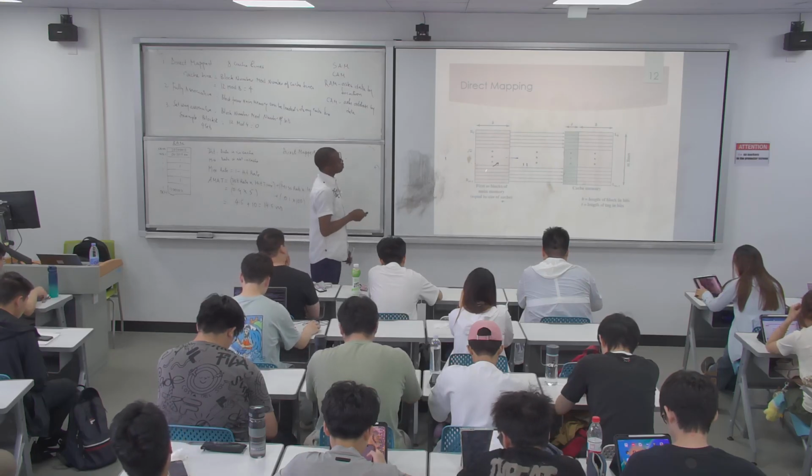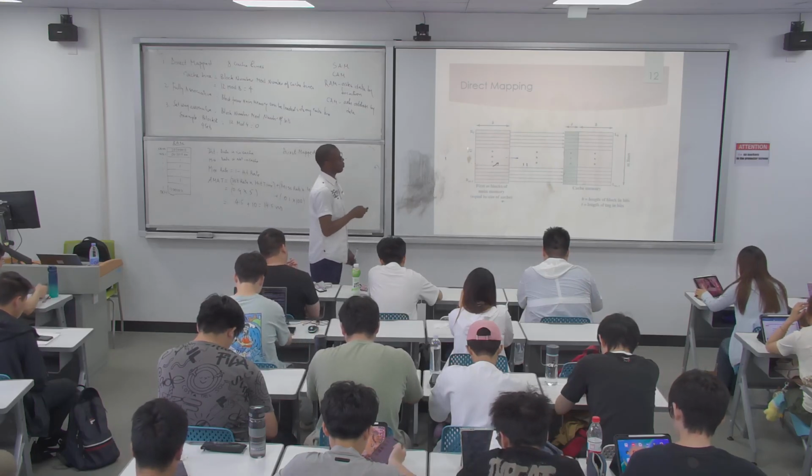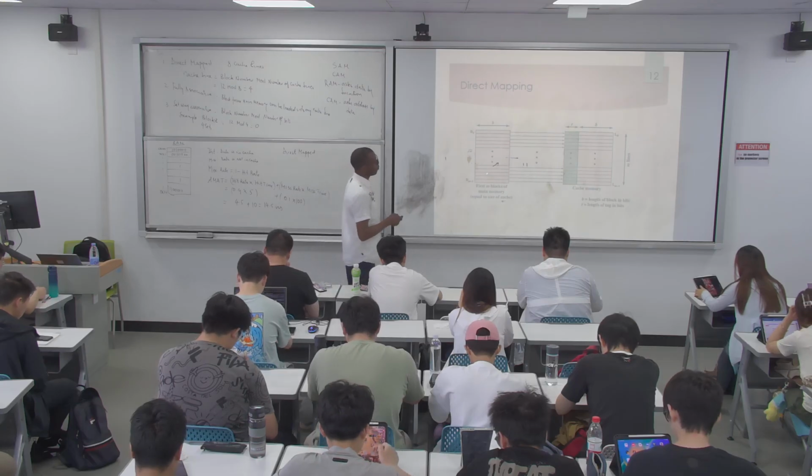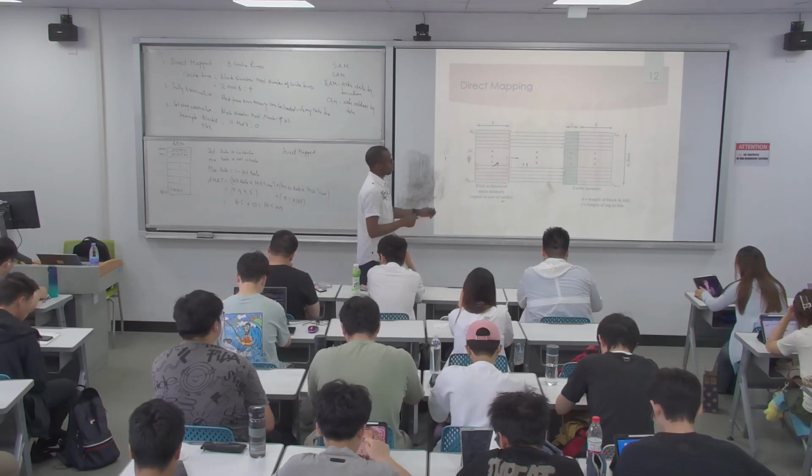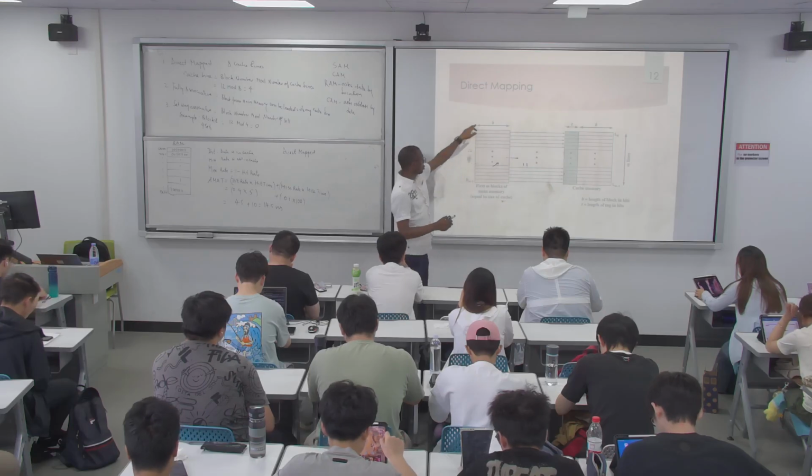Now we have a simple picture to depict the direct mapping. These are the blocks from the main memory, and these are the first M blocks from the main memory. We have many blocks in the cache memory.